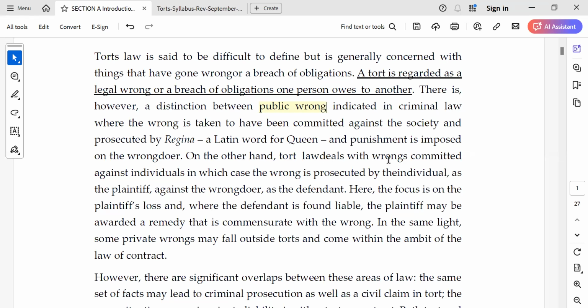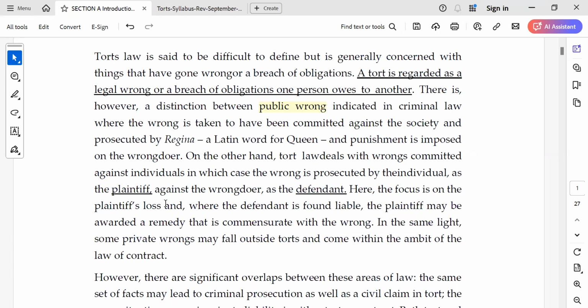On the other hand, tort law deals with wrongs committed against individuals, in which case the wrong is prosecuted by the individual as the plaintiff against the wrongdoer as the defendant. So who are the parties in a tortious action?